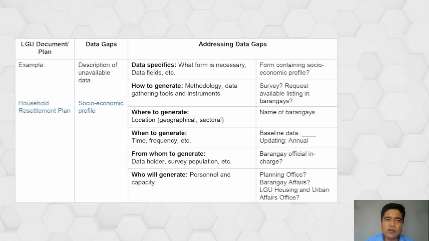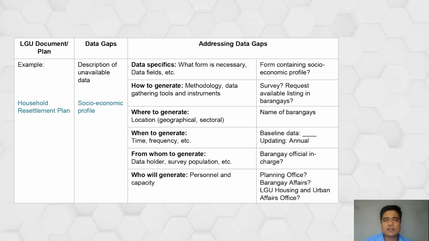To be able to address the data gaps, we need some information on how to generate, where to generate, and so on and so forth. So first, we list the document or the plan that requires the data. For example, the housing resettlement plan. And then the data gaps or the description of unavailable data.